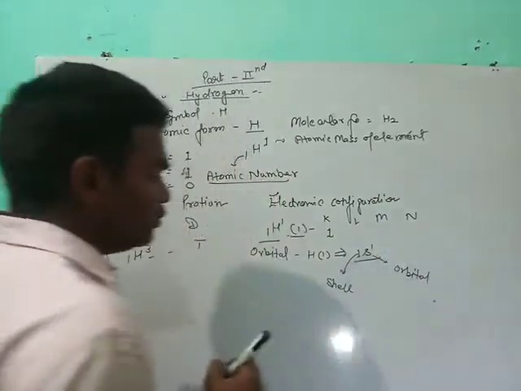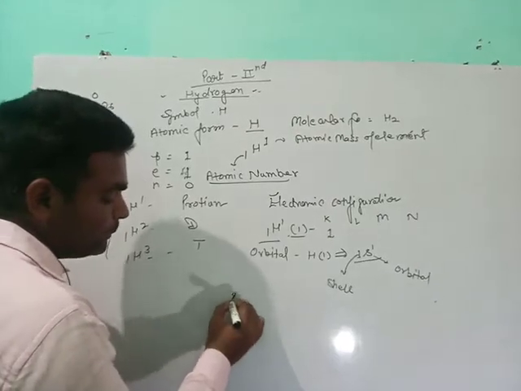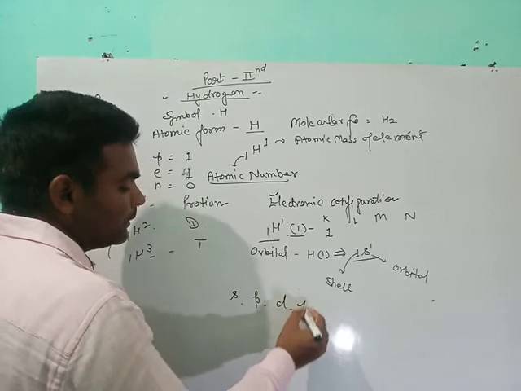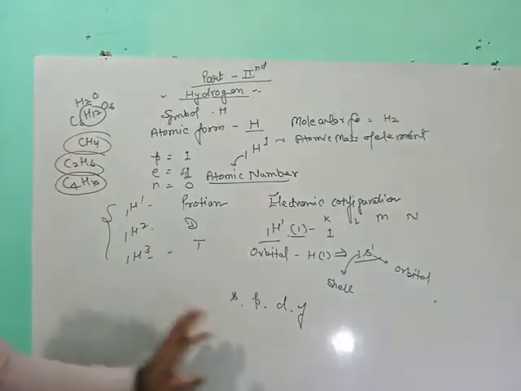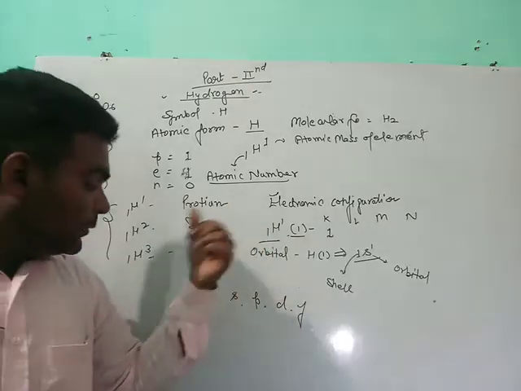And we know that we have four main types of orbitals: the s orbital, p orbital, d orbital and f orbital. s, p, d and f. These are four orbitals.